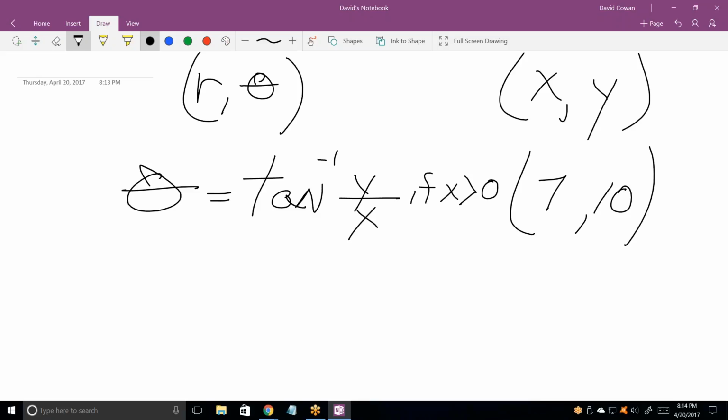If x is less than 0, then it's the inverse tan of y over x plus pi. I think I got that backwards.